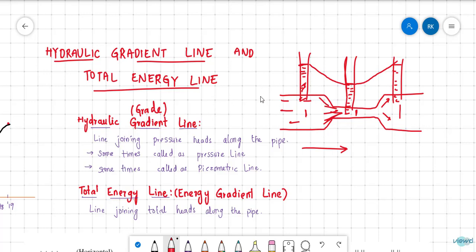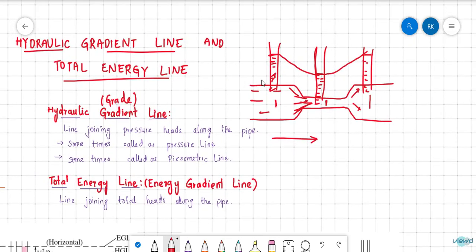Then what about the total energy line? If I connect a pitot tube, it indicates the hydrostatic pressure plus velocity head.